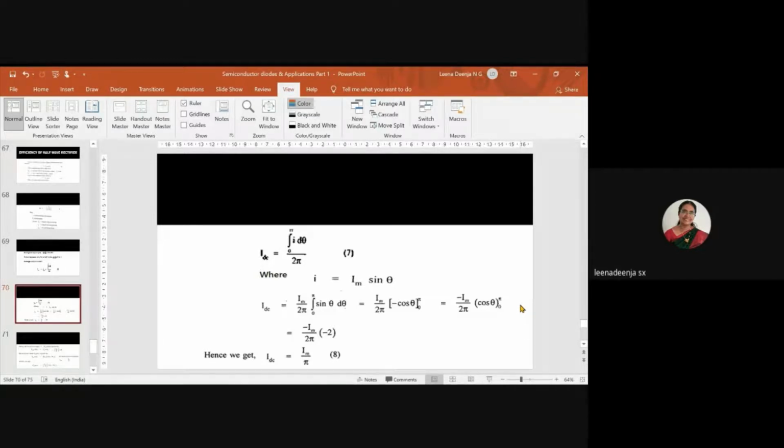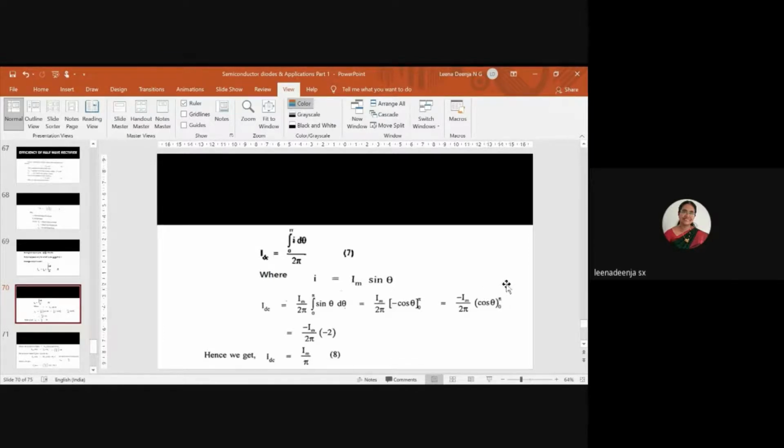Cos pi is minus 1. Cos 0 is 1. So it is minus Im by 2 pi into cos pi, which is minus 1, minus cos 0, which is 1.